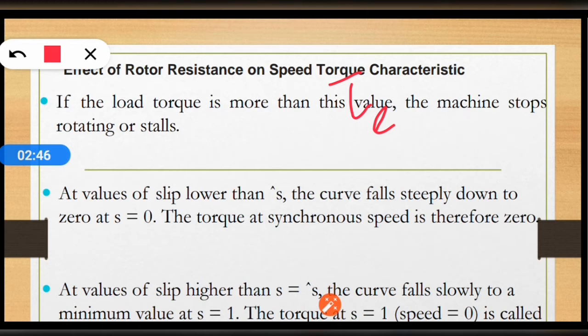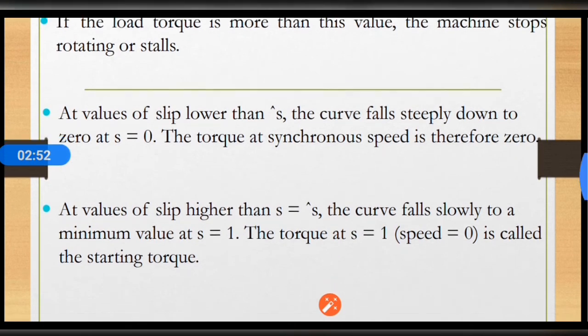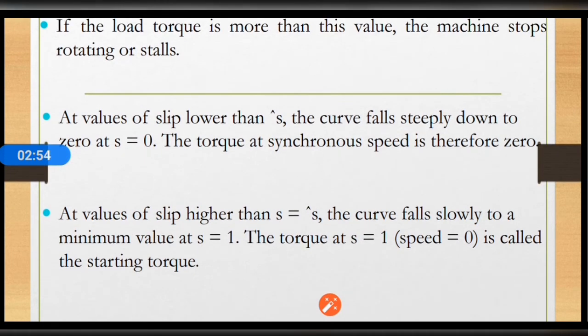Now in the previous slide, we discussed the lower slip region and the higher slip region. Let us define a critical value of slip denoted by this symbol. This is the critical value of slip. It is a boundary between the high slip region and the low slip region.